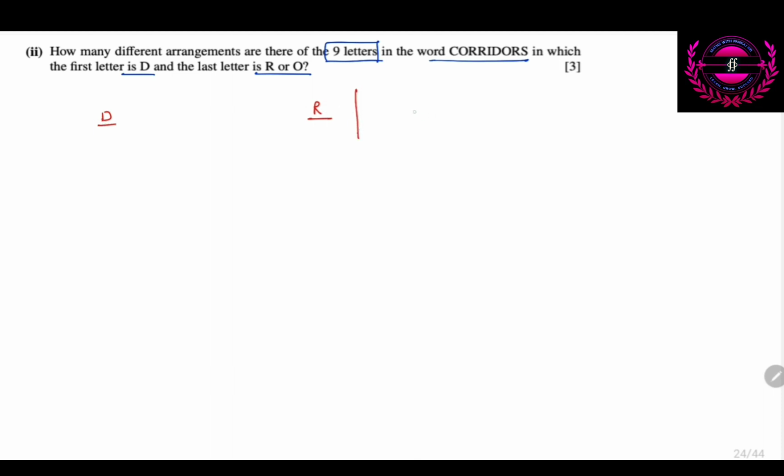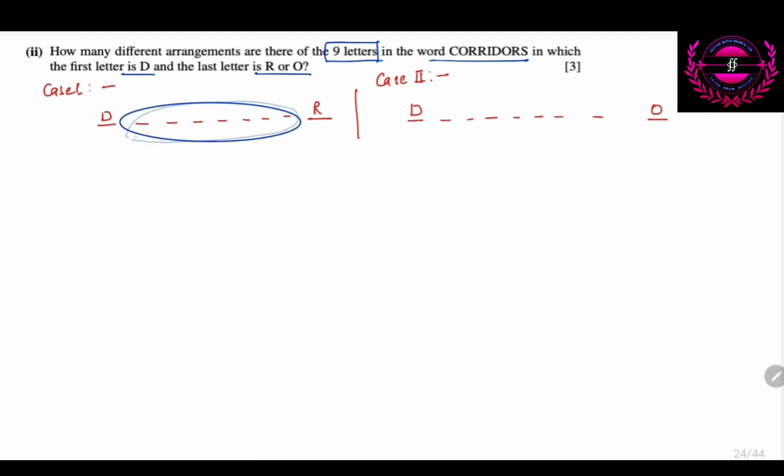And the first letter is D again and the last letter is O. This is case 2. So the remaining 7 letters, as these positions are fixed, D and R, these are fixed. So now I can arrange the remaining letters. Let me write the remaining letters.